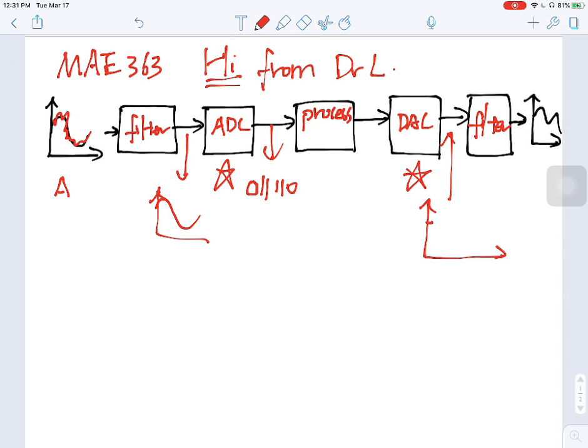So it tries to simulate what the analog signal looks like, but with that staircase shape. And then this simulated analog signal goes through the filter and gives you a much smoother analog output. So this is the whole process of data processing.